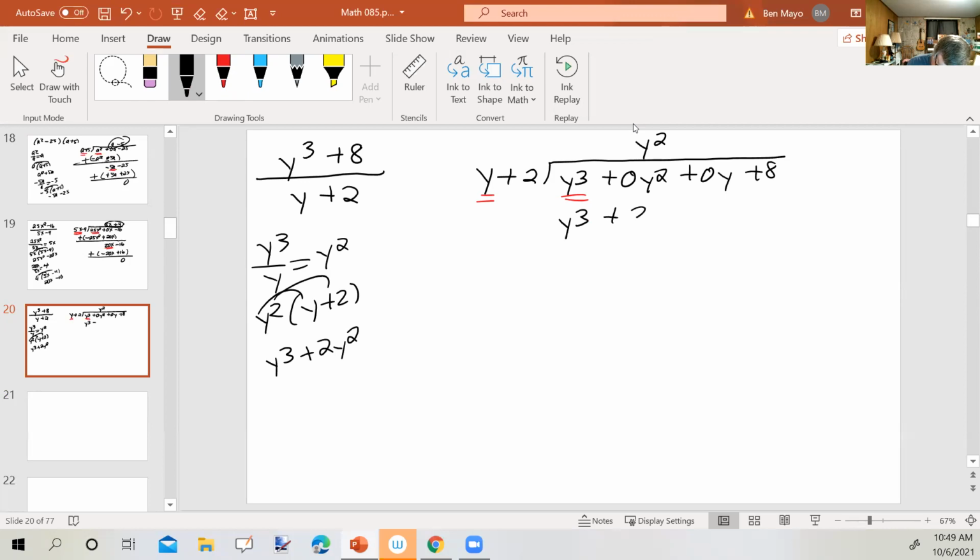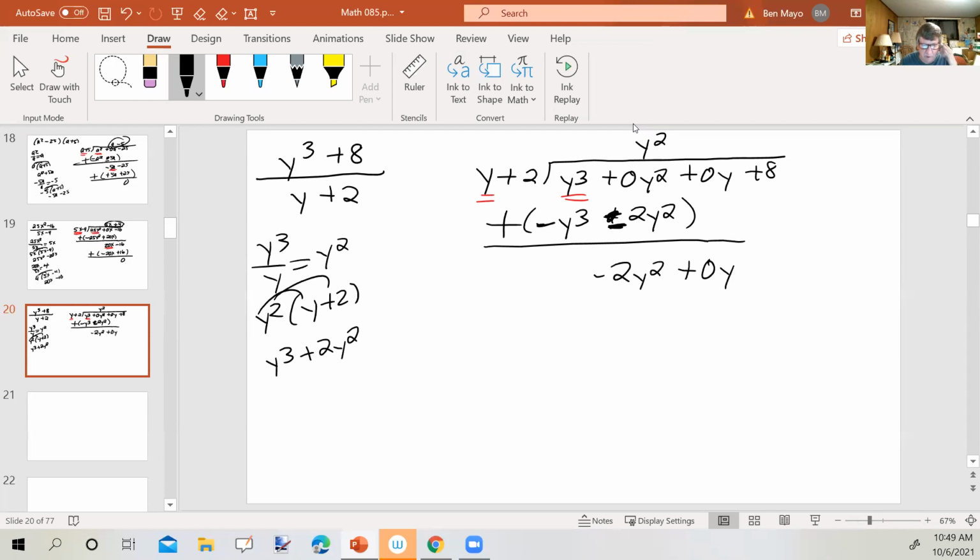We're going to subtract that quantity from what's up above. We'll change it to addition of the opposite. Y cubed plus negative y cubed is 0. 0y squared plus negative 2y squared is negative 2y squared. Bring down the next term, which is 0y.